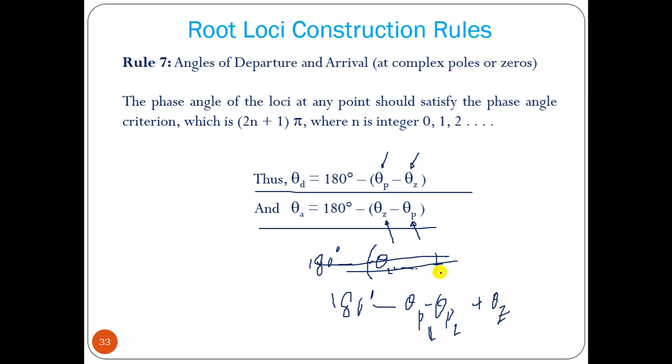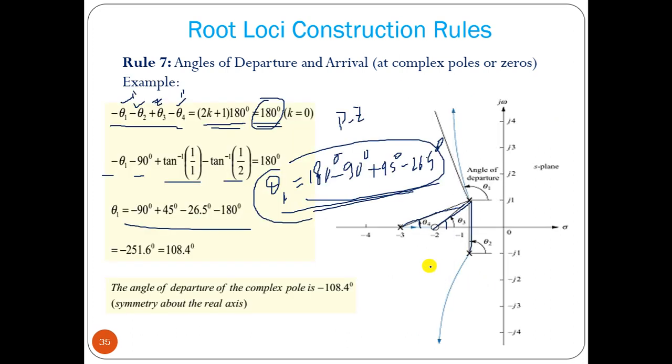That is the way you have to find it out. So here this angle will be equal to 180 degree minus this pole angle, which is 90 degree, plus this zero angle, minus this pole angle. So with respect to one pole, all the poles and zeros you have to connect, and find their angle with respect to the real axis.